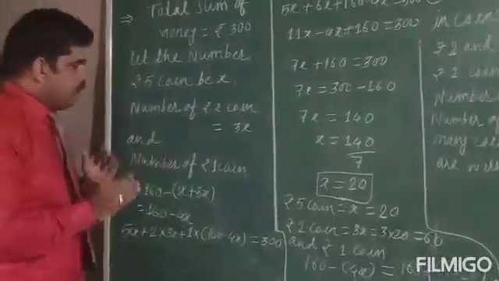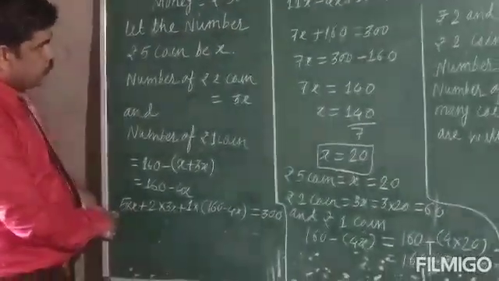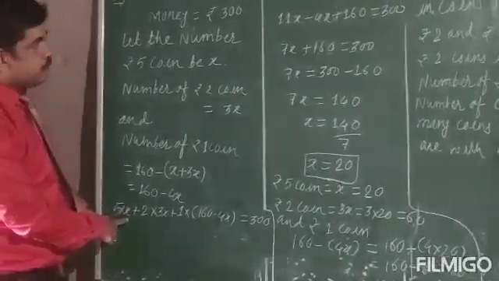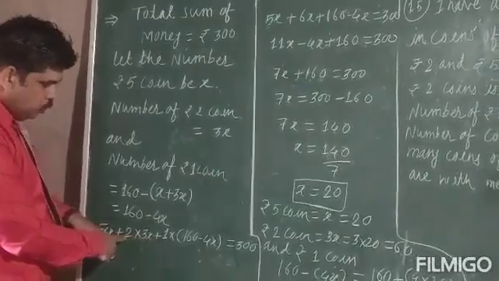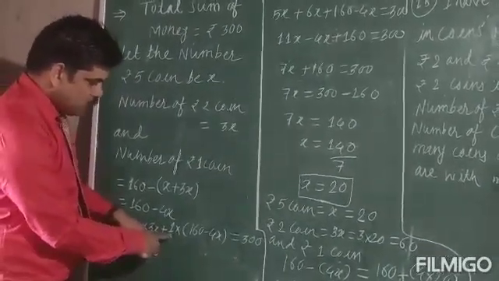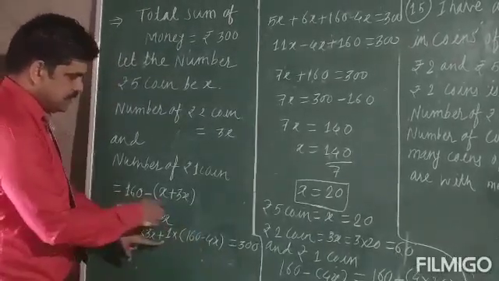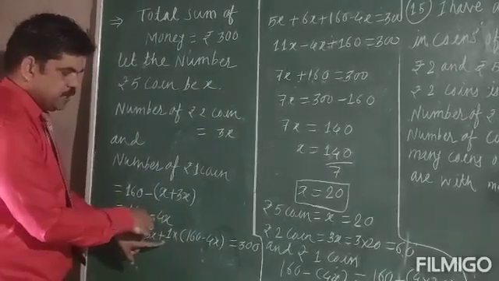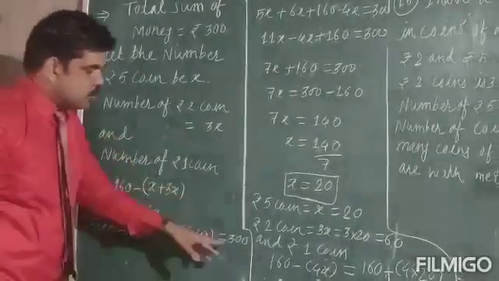Now all together, how is it? 5 into x, that is 5 rupees times x coins, then 2 into 3x, that is 2 rupees times 3x coins, plus 1 into 160 minus 4x coins. If we solve this, it is equal to 300.